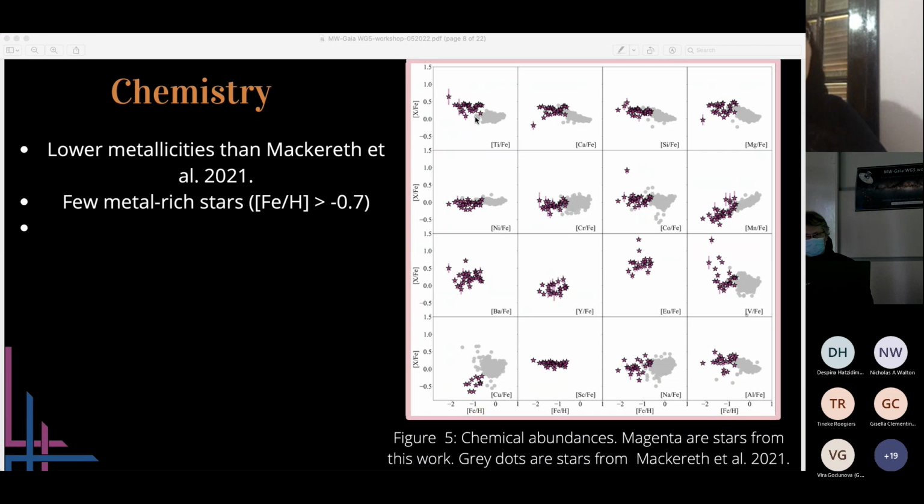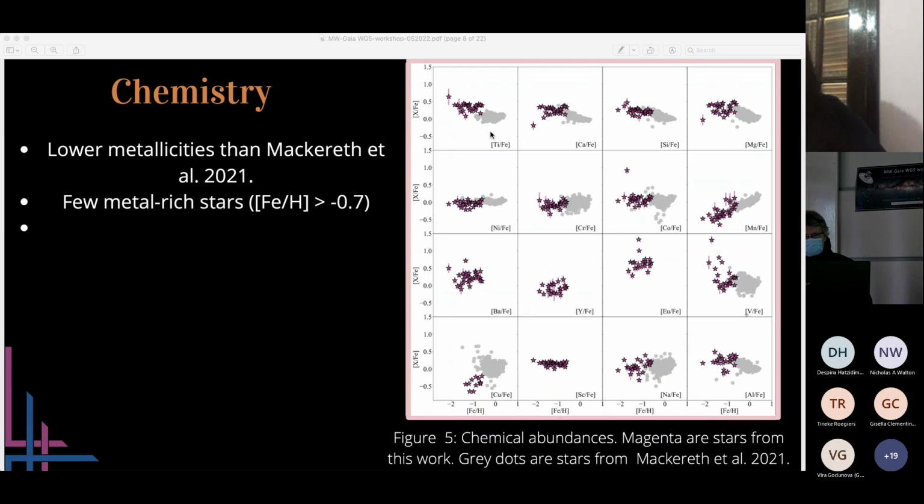And basically the abundances of the in situ stars from Mackereth and also of these gray stars here come from APOGEE. The other thing that we also see is that even though our sample has mostly metal-poor stars, we do have some stars with a higher metallicity than we would expect for accreted stars, that is usually minus 0.8 or minus 1.